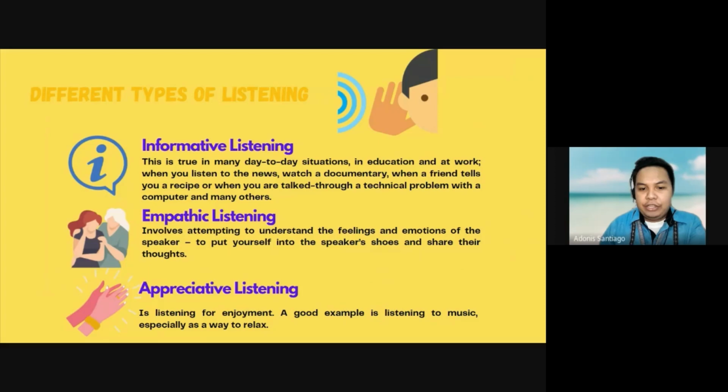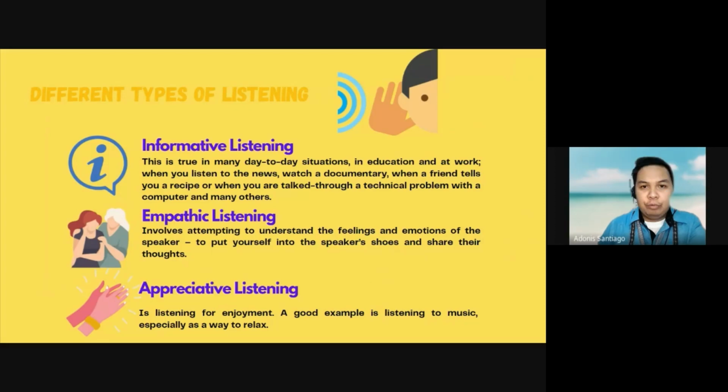Next, we have empathic listening. You are listening because you want to give empathy. It involves attempting to understand the feelings and emotions of the speaker. It also means that you need to put yourself in the speaker's shoes and share their thoughts as well. You need to understand what they feel.